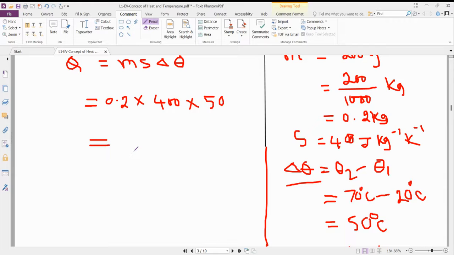Let me calculate the value using the calculator. 0.2 times 400 times 50 is 4000. Okay, 4000 joule.